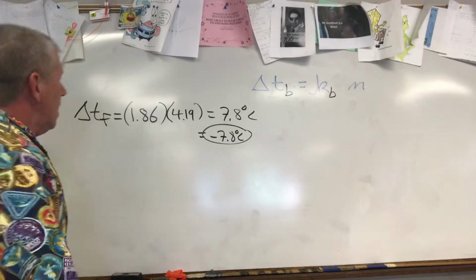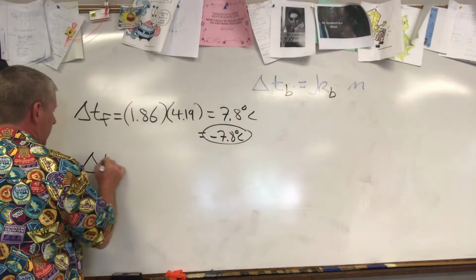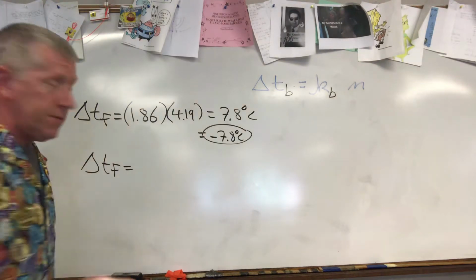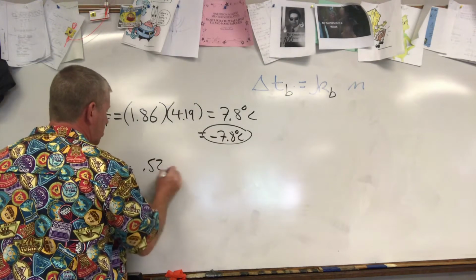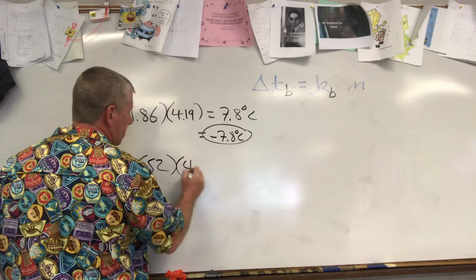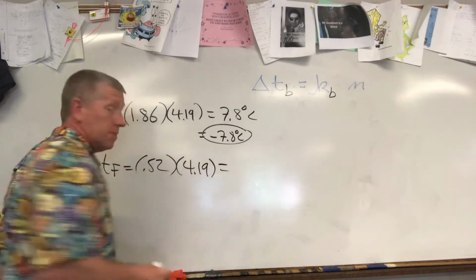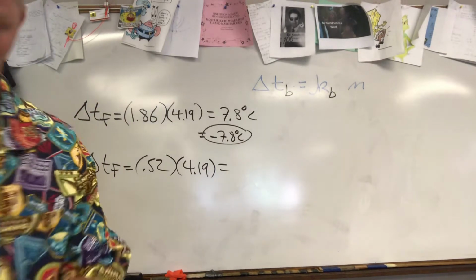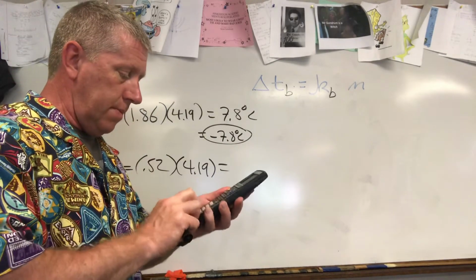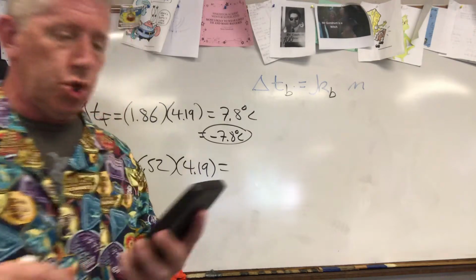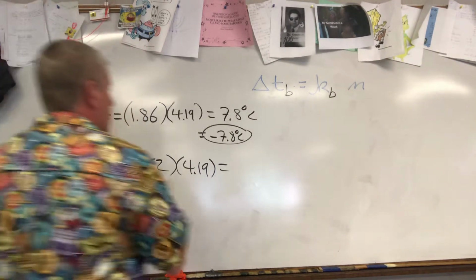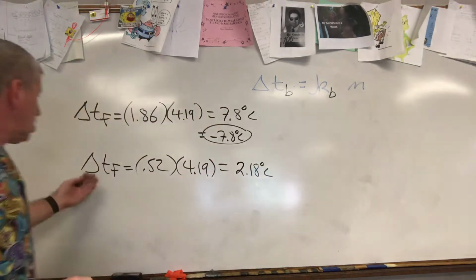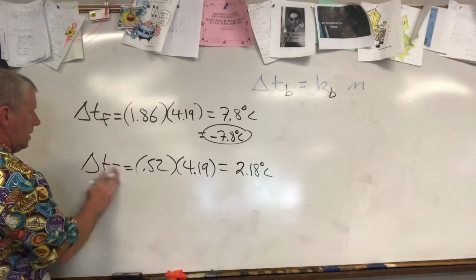So I don't use 1.86 for the boiling, I use 0.52. So 0.52 multiplied by 4.19, since it's still the same concentration of the solution, is 2.18 degrees Celsius.